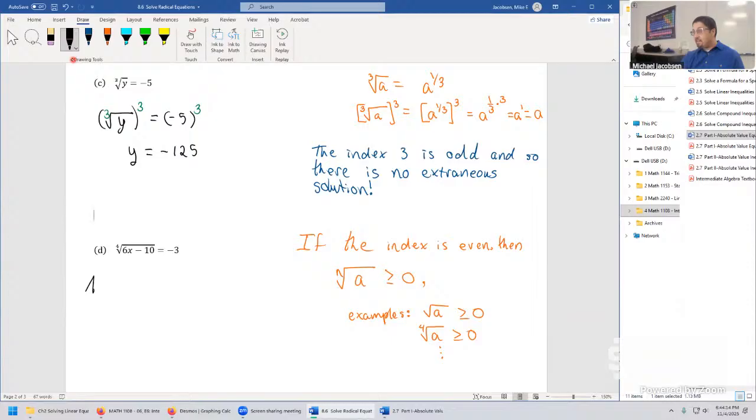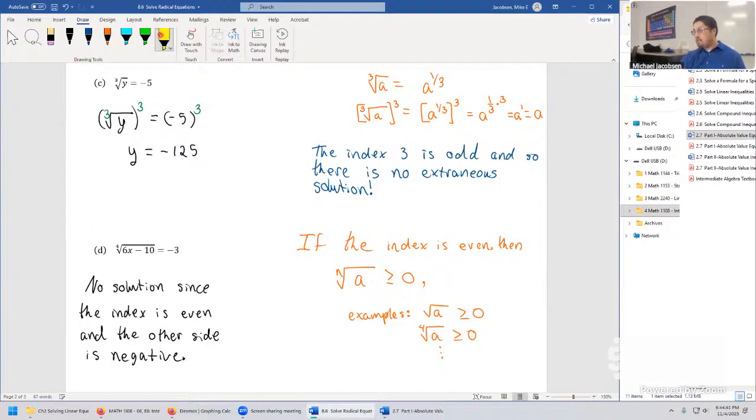You can just say here, no solution, since the index is even and the other side is negative. So that even index is that 4th root that we're looking into right there.